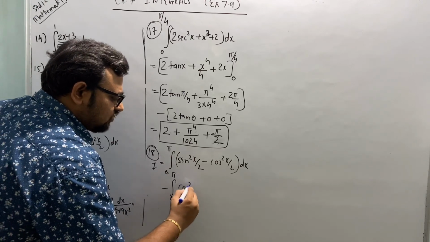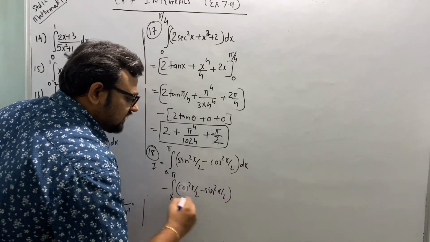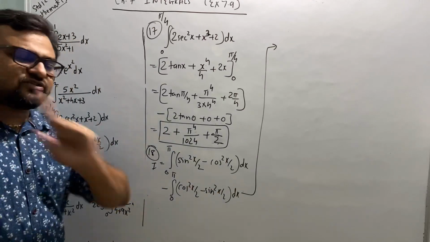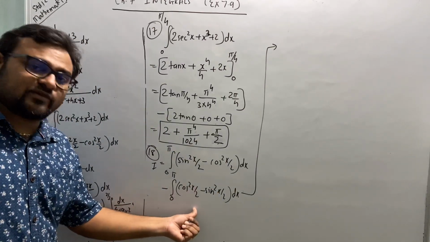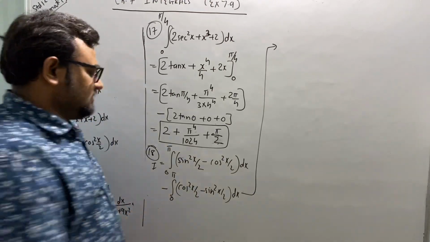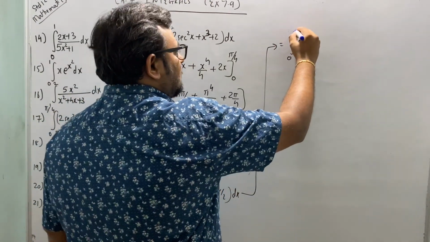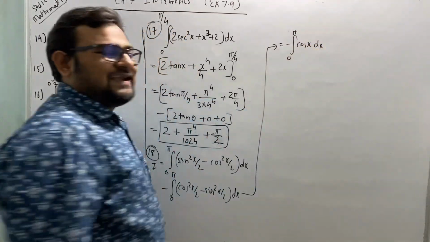So this will be cos square x by 2 minus sin square x by 2 dx. Okay, so now this is the formula for cos 2x. But as it is here x by 2, it will be cos x. 0 to pi minus cos x dx.